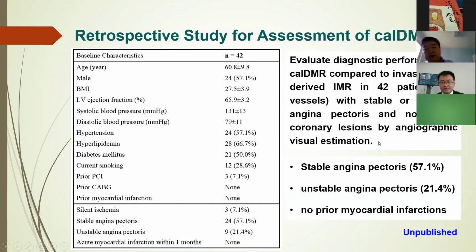I emphasize, in the current situation, we only evaluated patients with no severe coronary stenosis. Stable angina pectoris was 57%, unstable angina pectoris was 21%, and there were no previous myocardial infarctions.